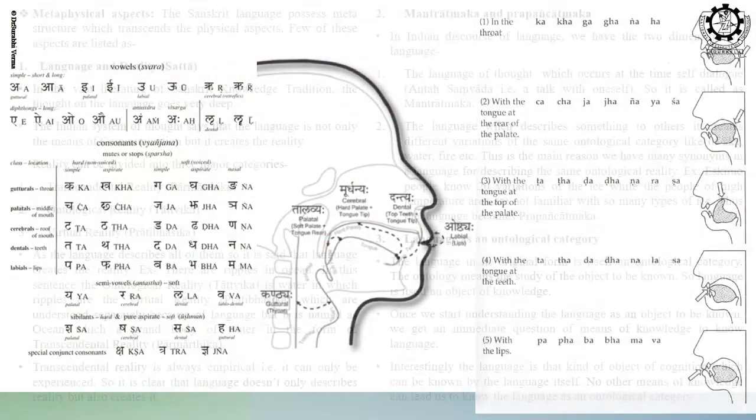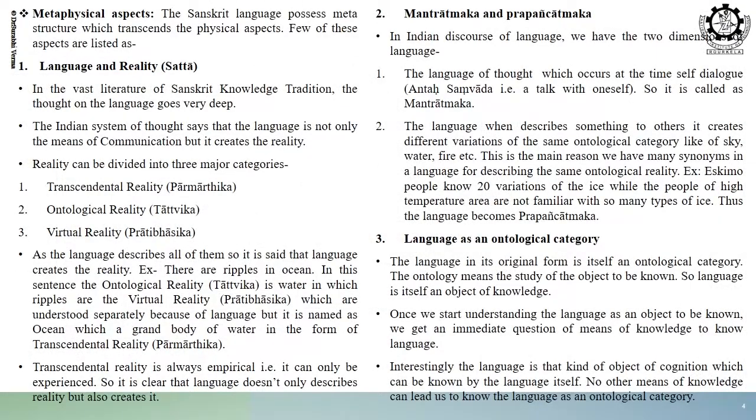In the next one, now we are going to enter into the metaphysical aspects of the language, because that is the base target component of the course. I have already mentioned a few other things, but we are just making a brief recap, like language and reality, because I told you that we are going to touch the metaphysical aspects.